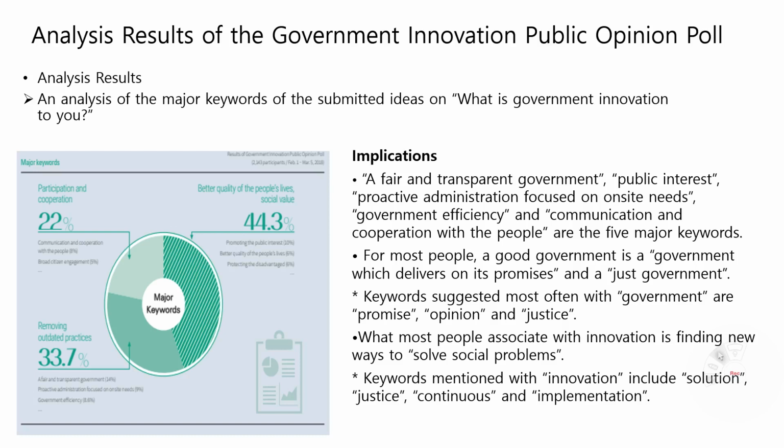Thinking about innovation, the fair and transparent government, public interest, proactive administration, focus on on-site need, and government efficiency, and communication and cooperation with the people are 5 major keywords under participation and cooperation. For most people, good government is a government which delivers on its promise and is just. The keywords most often associated with government are promise, opinion, and justice.